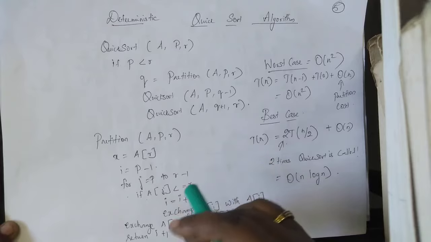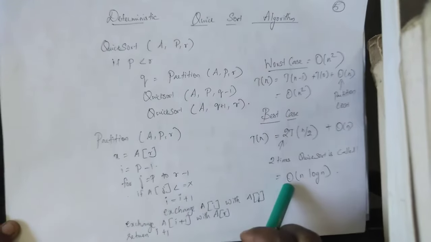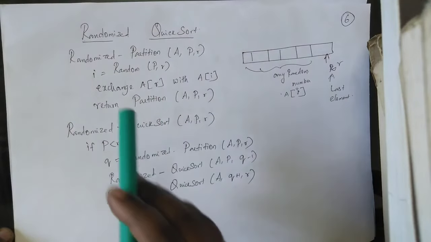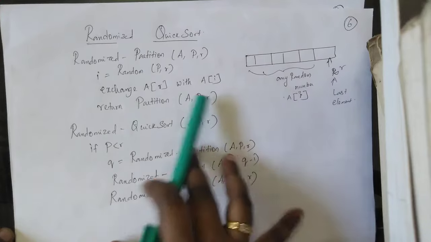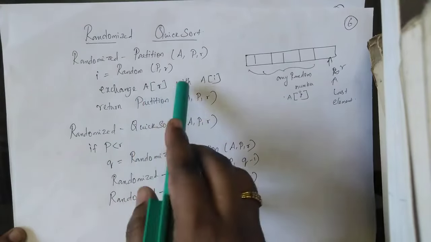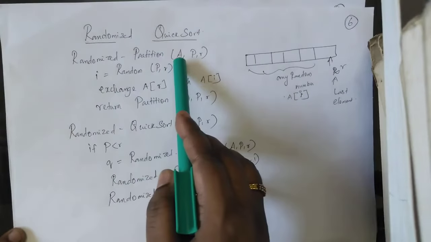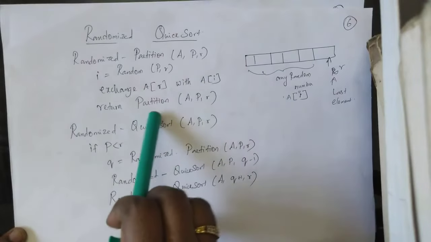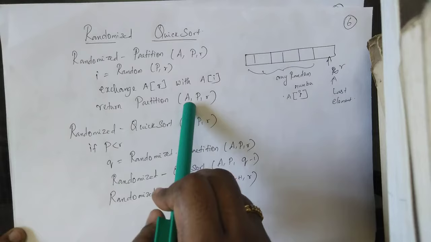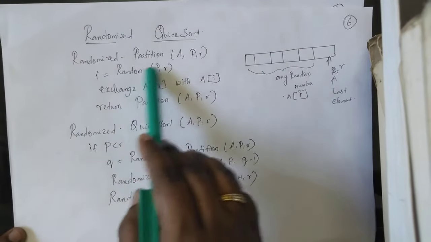Now we're going to see how a randomized quicksort algorithm makes a variation to achieve this n log n. This randomized quicksort, if we watch closely, is exactly the same. The only thing we introduce is the random choice of the pivot. The random partition algorithm is exactly the same as in the deterministic quicksort, but we are making a random choice of the pivot.